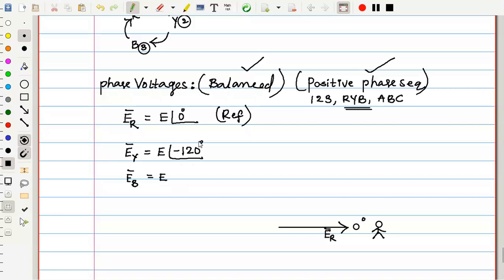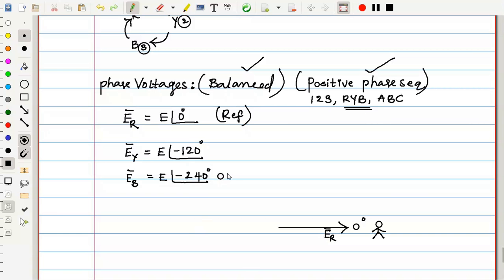Similarly, you can see what the B phase will be. The B phase will be further delayed by 120 degrees. So you can write this as minus 240, or plus 120.